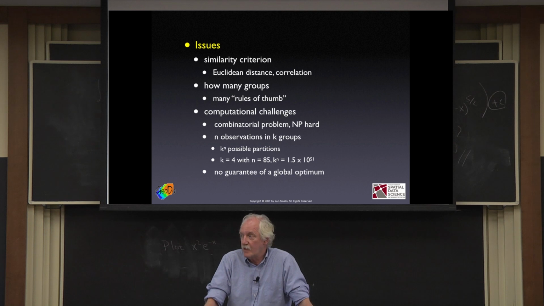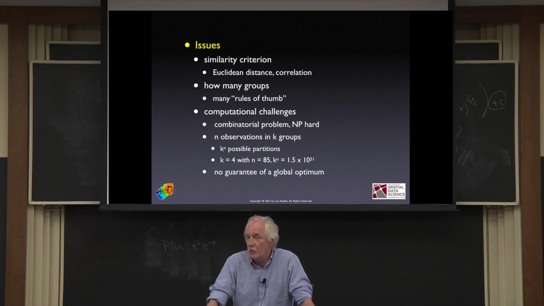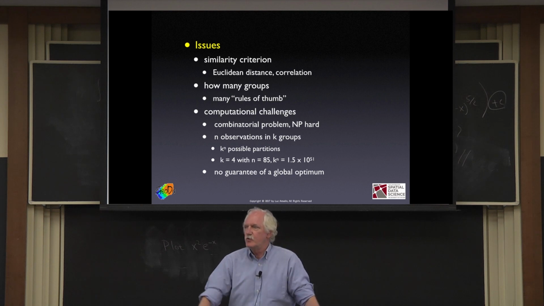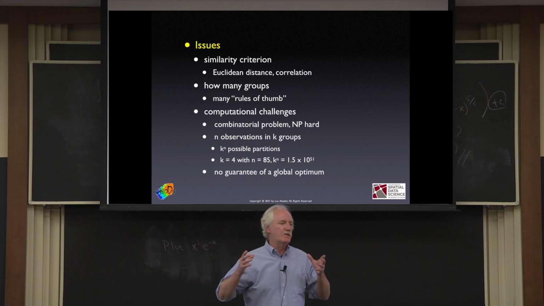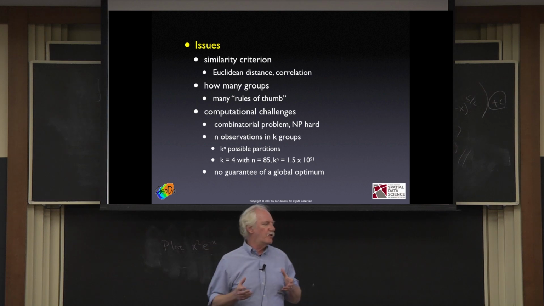Another big issue, and we'll get into this next week as well, is how many groups you should pick. Sometimes it's obvious, like in my marketing example, sometimes it's not. Trawling through medical data, you don't necessarily know how many groups would be a good organization. And this isn't easy to do. It's easy to conceptualize, and it's easy to do on toy data sets.